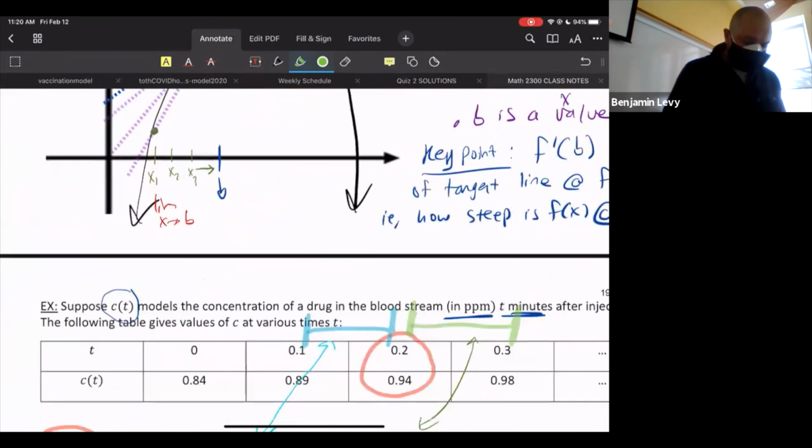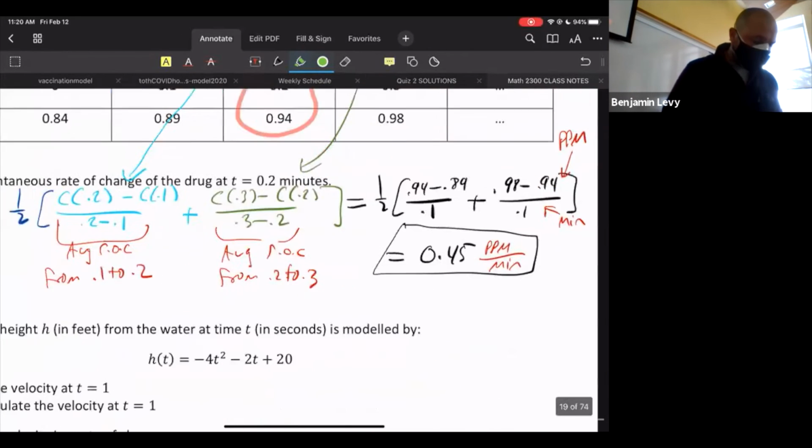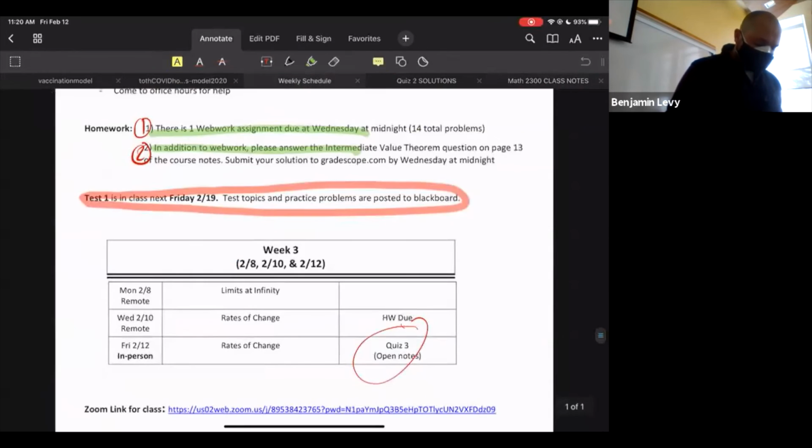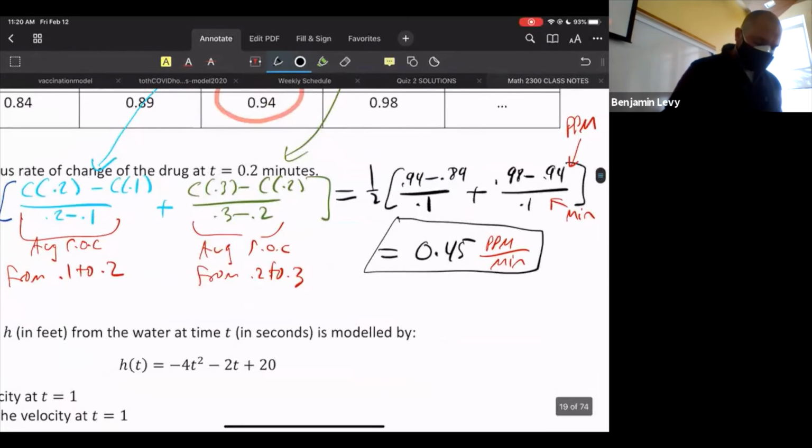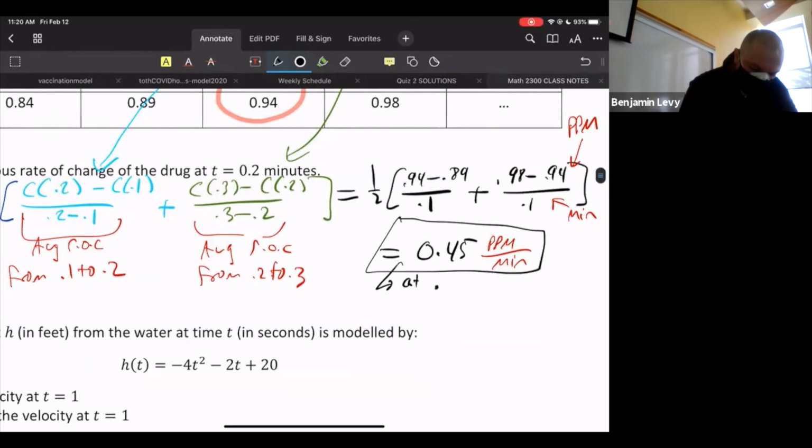So I was just going to write that down because we do want to interpret this stuff. This is telling us, and it's a positive number too, which means it's going up, of course. So we're still ingesting it. So at 0.2 minutes, the concentration is increasing by 0.45 ppm per minute.